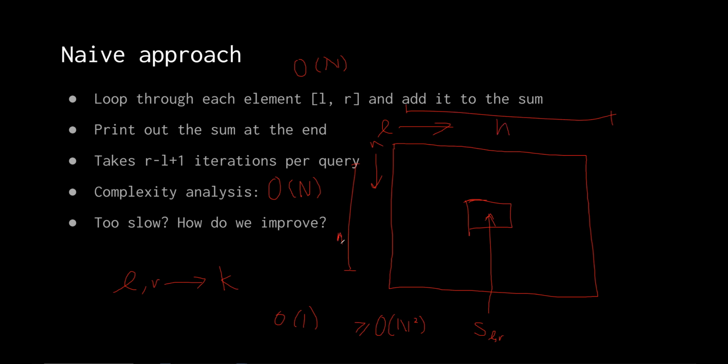But wait, we're not even done yet, because for every subset, we also need to take the sum from L to R, which means it's not n squared, it's n cubed. Because every element here also takes n time. Remember we talked about the naive solution: to add any subset, it takes O(n) time, which means that if we want to pre-process every single subset, it takes O(n cubed) time.